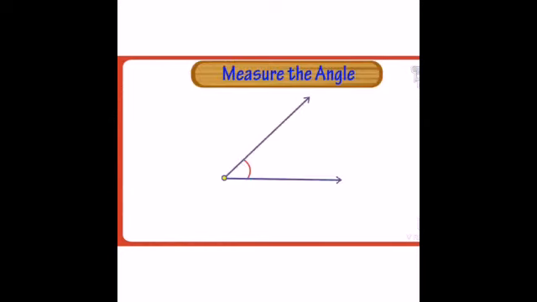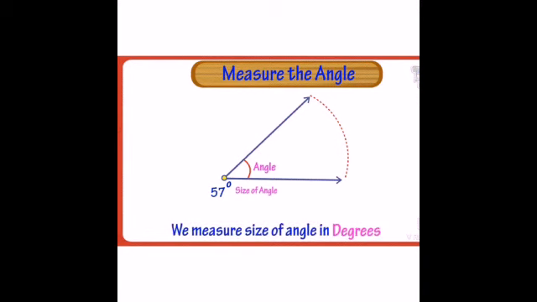Now, how can we measure an angle? The size of the angle, if we want to know it, we measure the angle. We measure the angle in degrees. Here, ABC is an angle. How can we measure it?